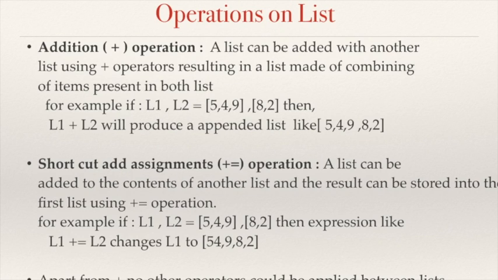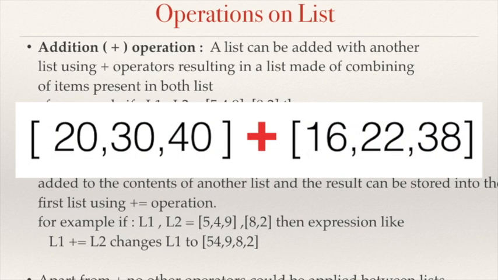A list supports the addition or plus operator to be applied between 2 lists. This operation concatenates the first list with the second list to create a single list, as visible on your screen.